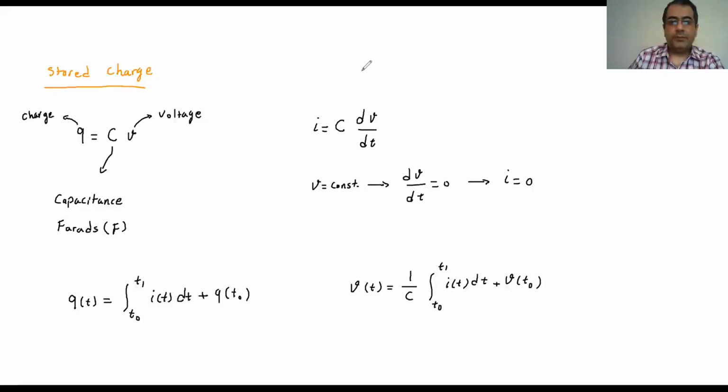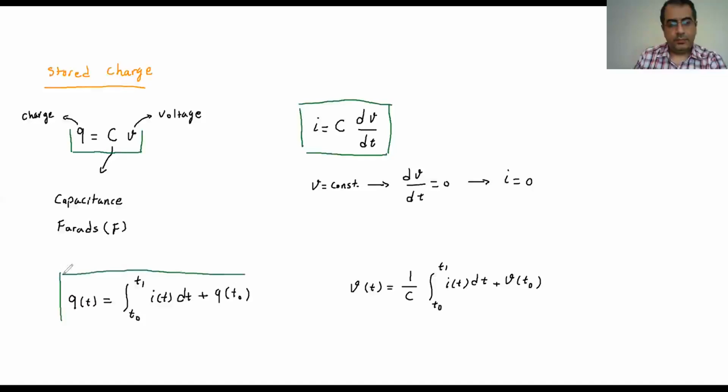So these are the, I would say, core equations that we have here. It's one of them here, another one here, then we have this one here, and then we have this one here.